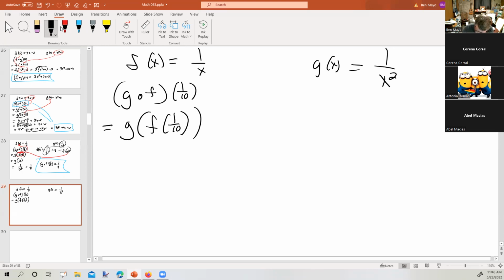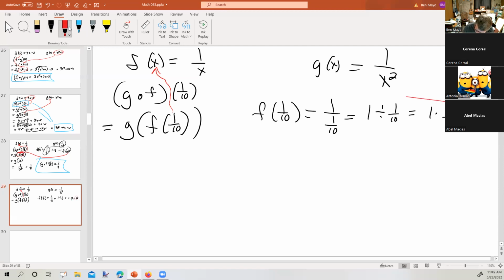So I need to figure out what f of 1/10 is. F of 1/10 is 1 over x, but x is 1/10. So 1 divided by 1/10, which is 1 times the reciprocal, 10 over 1, which is 10. So f of 1/10 is 10.